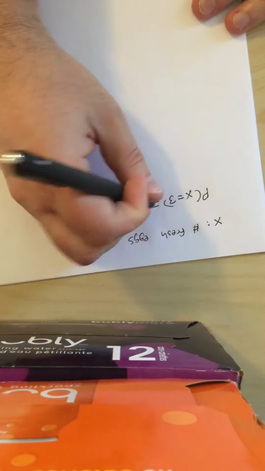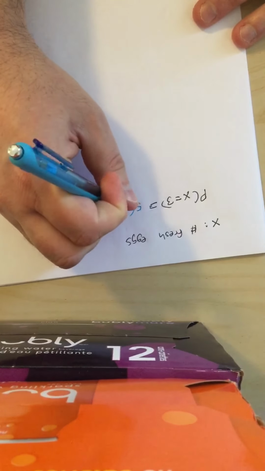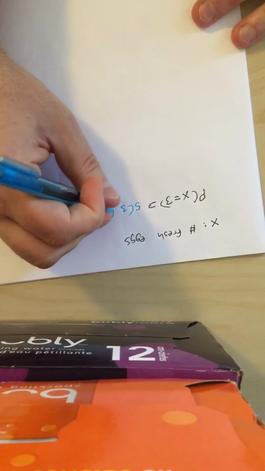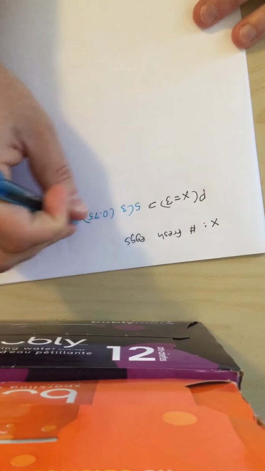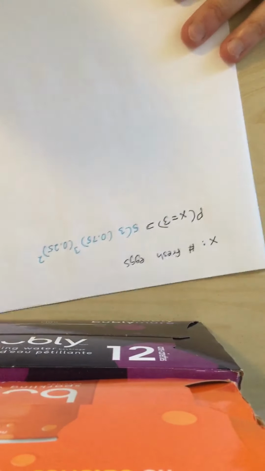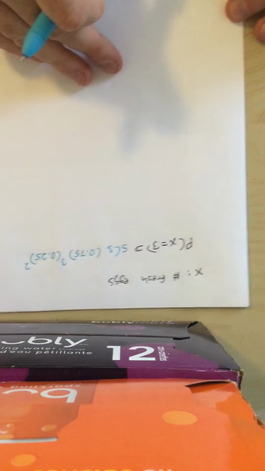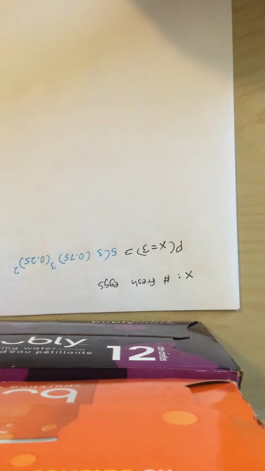So it's going to be 5 choose 3 times 0.75 to the 3 times 0.25 squared. And that's the probability of getting 3 fresh eggs, given that there's a 75% probability that each egg is fresh.